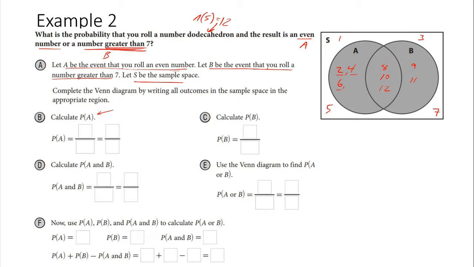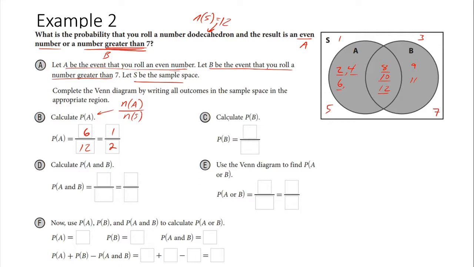Well, probability of A, 8 is an A, 10 is an A, 12 is an A. So all those elements are in A. So we actually have 6 elements that belong to A. All right, so again, the probability of A is just the number of elements that are in set A divided by the number in our sample space. So we have 6 in A, and we have 12 sides. And again, probability is very similar to, or exact, from our last example.